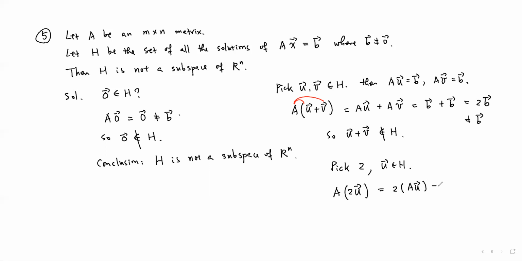But A times U is B. 2 times B is clearly not equal to B. So therefore, 2 times U is not in H. So H is not closed under scalar multiplication. But anyway, if one of the three properties is not satisfied, then the set is not a subspace. Example 5. Yeah. This is topic 1.